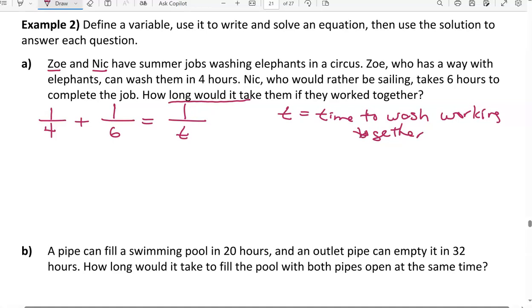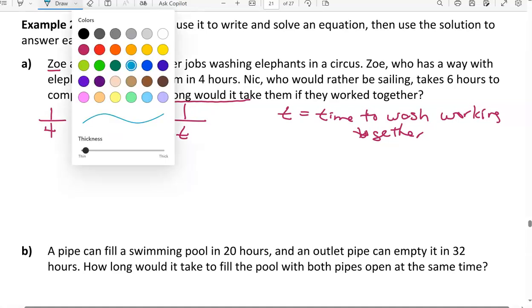All right, what we have is a rational equation, and we can simplify this by multiplying through by the least common denominator. So I'm going to multiply each term by the least common denominator of 12t.